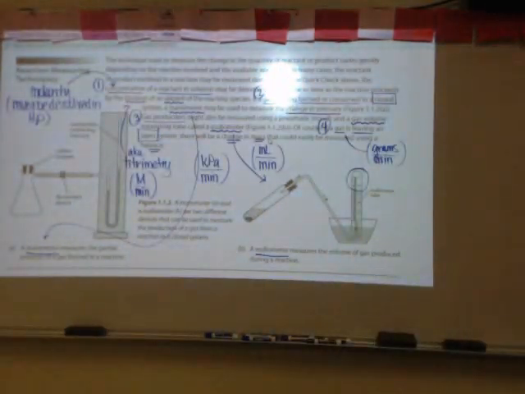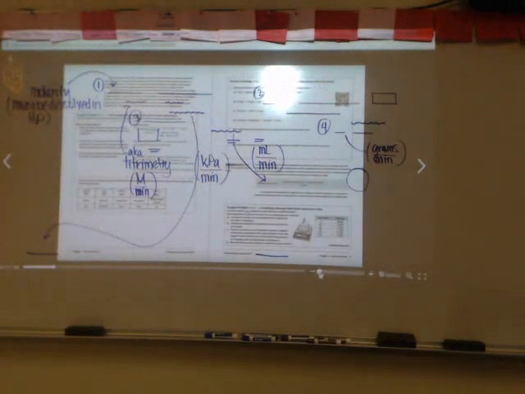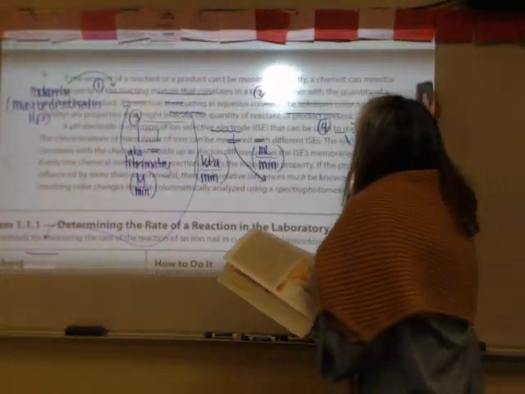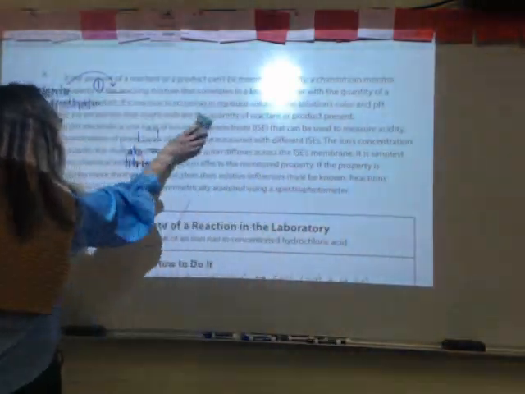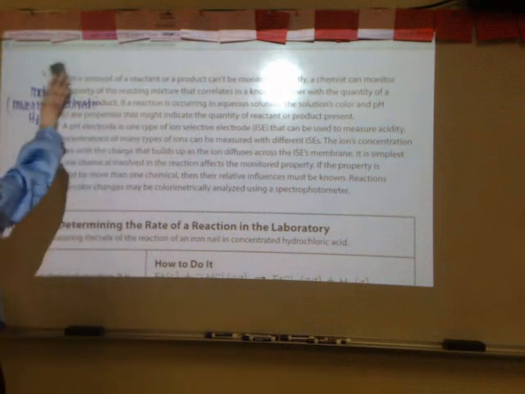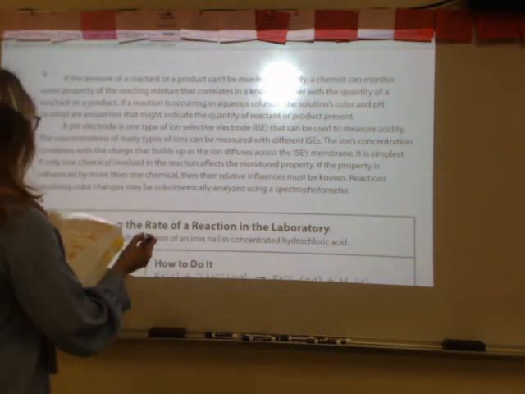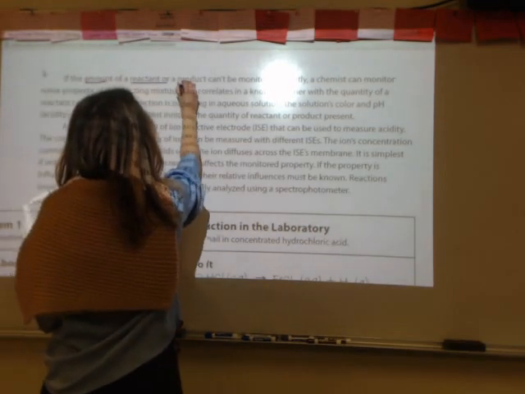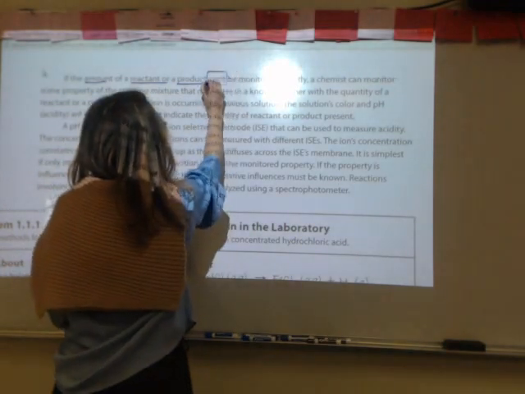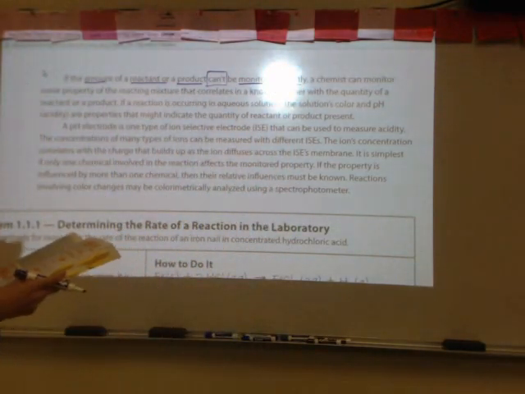If you go on to the next page, if for some reason the amount of reactant or product can't be monitored directly, then you've got to think of some other way to monitor it.